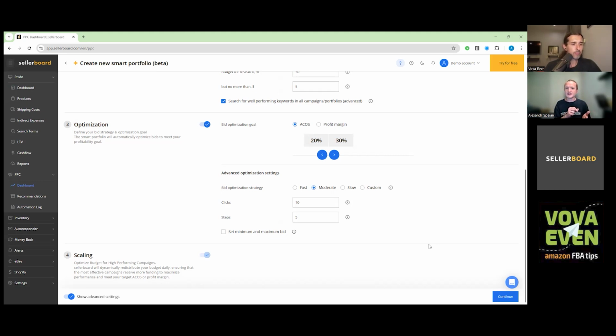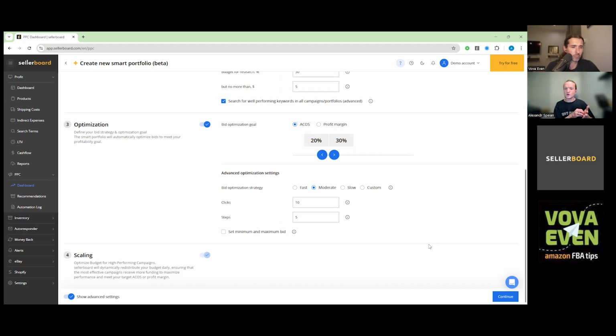So when I'm saying that I want to optimize the profit margin or the ACoS of a specific keyword, then Sellerboard will analyze every keyword separately. When optimizing, it will analyze the current margin or the current ACoS of the keyword. For instance, if it's at 40%, based on the sale that it generated, the advertising cost that was spent for generating that sale, and every other factor that I mentioned previously, the ACoS for that keyword is currently at 40%.